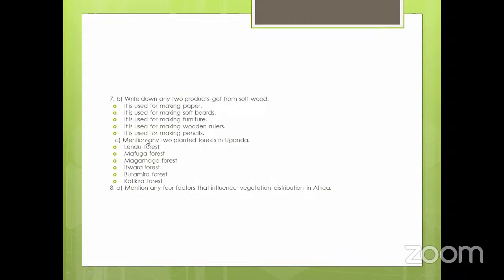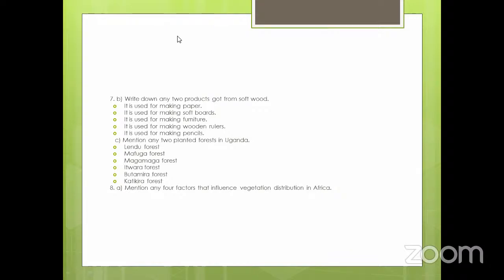Now I was asking you that they can also ask you a question: name the largest planted forest in Uganda. Which one is the largest planted forest in Uganda? Budongo Forest. That one is natural.